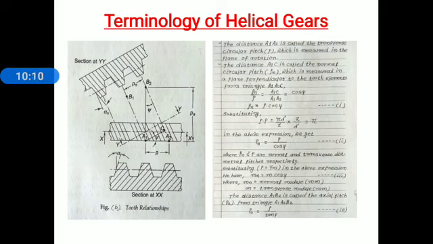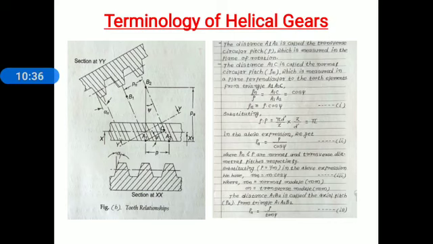From this triangle, we consider tan psi, front side to the adjacent side. Front side is A1, A2, and adjacent side is A1, B2. A1, A2 is the transverse circular pitch, that is small p, and A1, B2 is the axial pitch, that is small p suffix a.